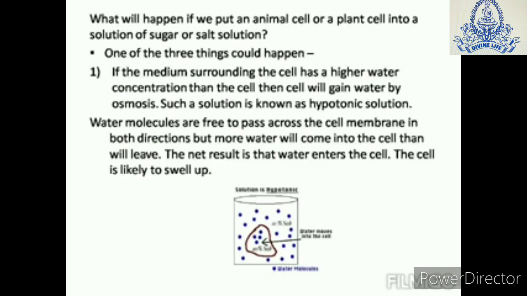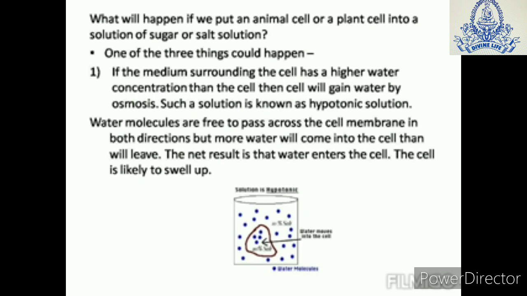What will happen if we put an animal cell or a plant cell into a solution of sugar or salt? One of three things could happen. Let us see the first case. If the medium surrounding the cell has a higher water concentration, it means that the medium is having a high amount of water compared to the cell, and the cell is having a low amount of water.